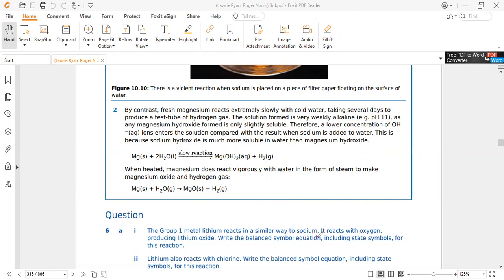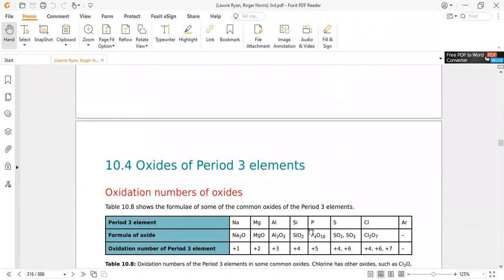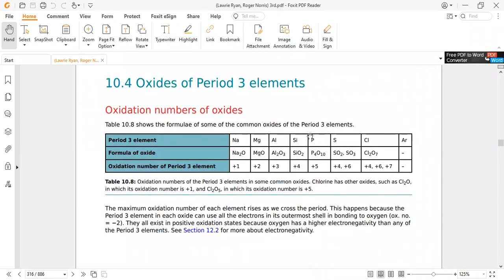The next part: when the elements react with oxygen, chlorine or water, they produce compounds of different nature. For example, we discussed oxides. They all react with water to form different natures of solution. Here the nature of the oxides is tabulated in table 10.8. The different oxides, other than chlorine, because we are not interested in chlorine.